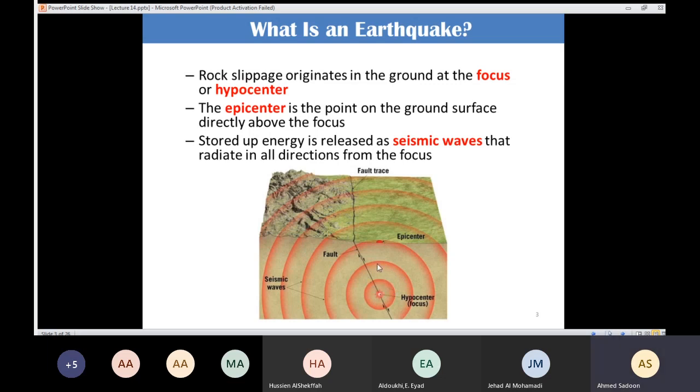The moment that rock passes along the other rock, that means the energy has been released. And as a result, the energy is going to be in the form of seismic waves. The seismic waves are going to cause the sudden movement, and that is the earthquake.